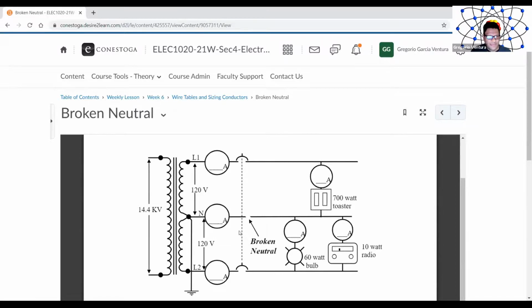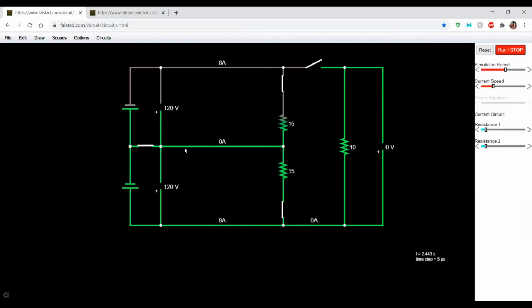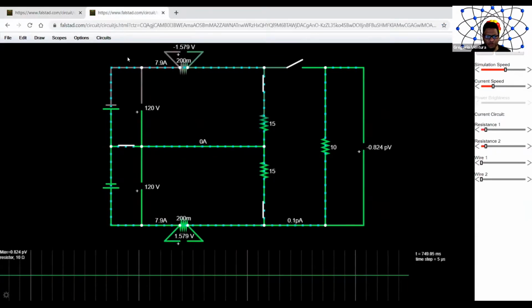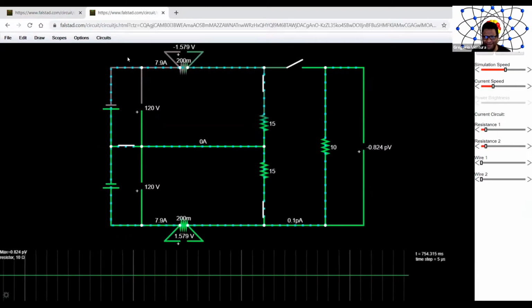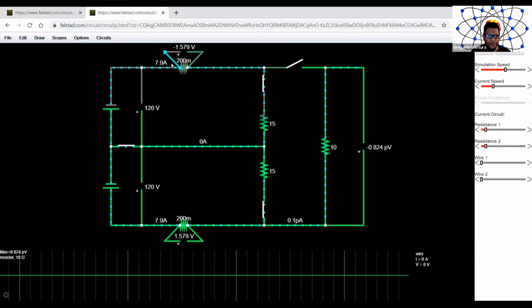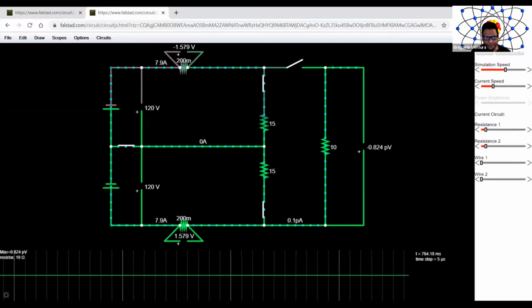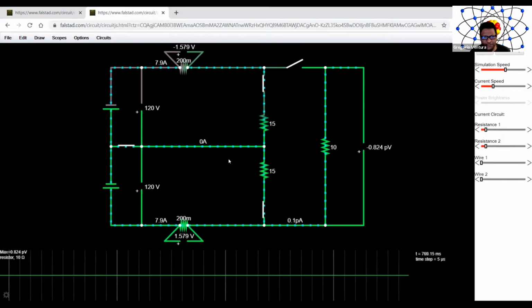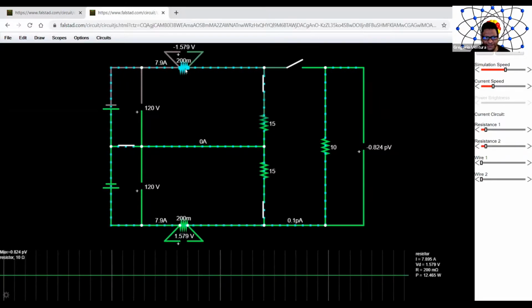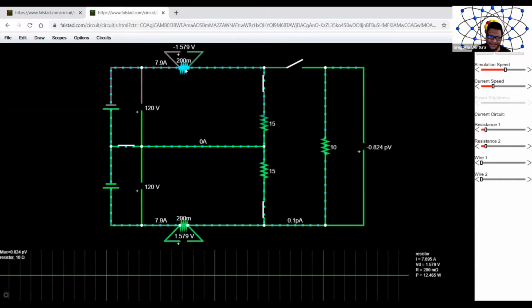This is going to be the preliminary introduction in order to move into something a little bit more advanced, in which we are going to be adding resistance to a circuit because all wires have resistance.